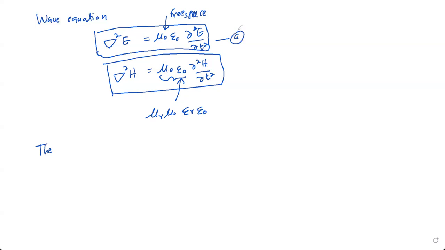Then the solution of the wave equation needs to be found. For example, the solution for A needs to be found, and the reason is we need to see the behavior of the wave in terms of amplitude, frequency, phase, and so on.